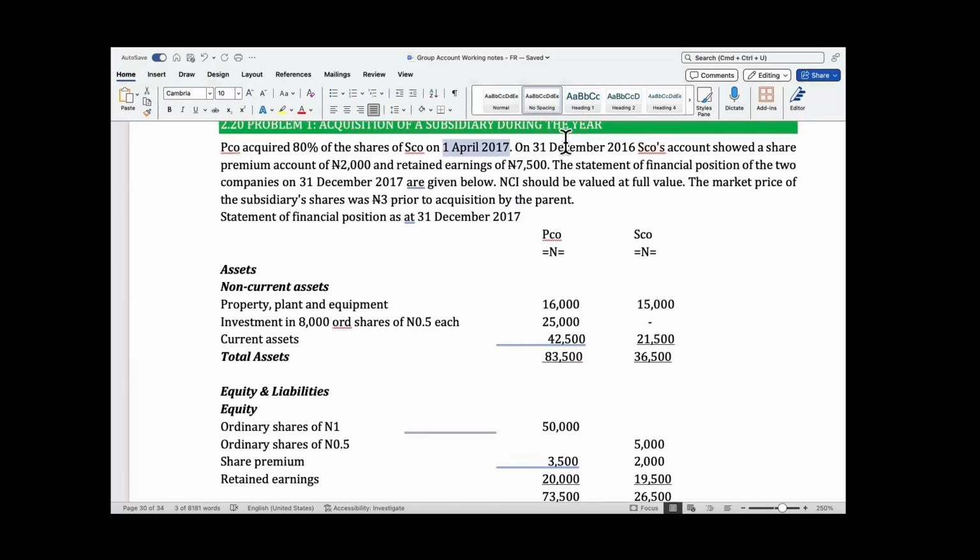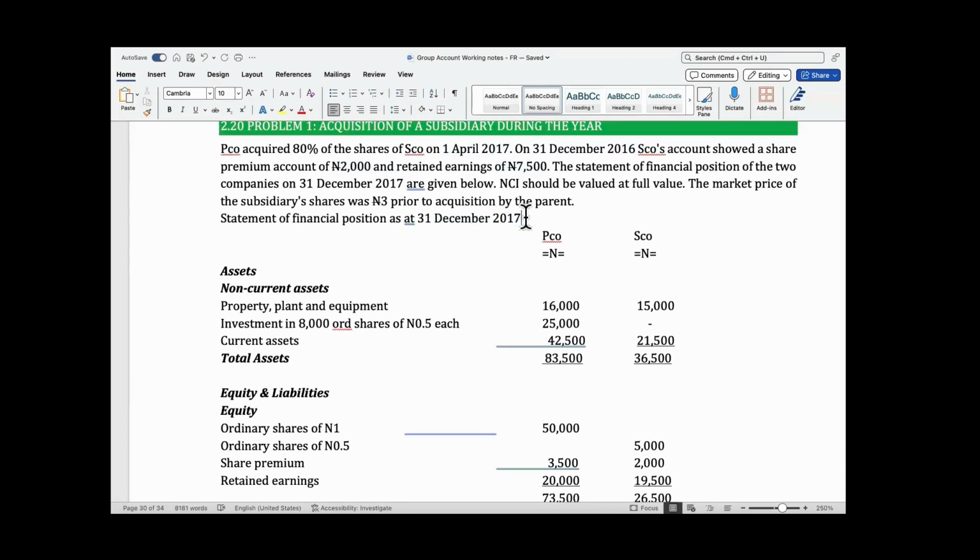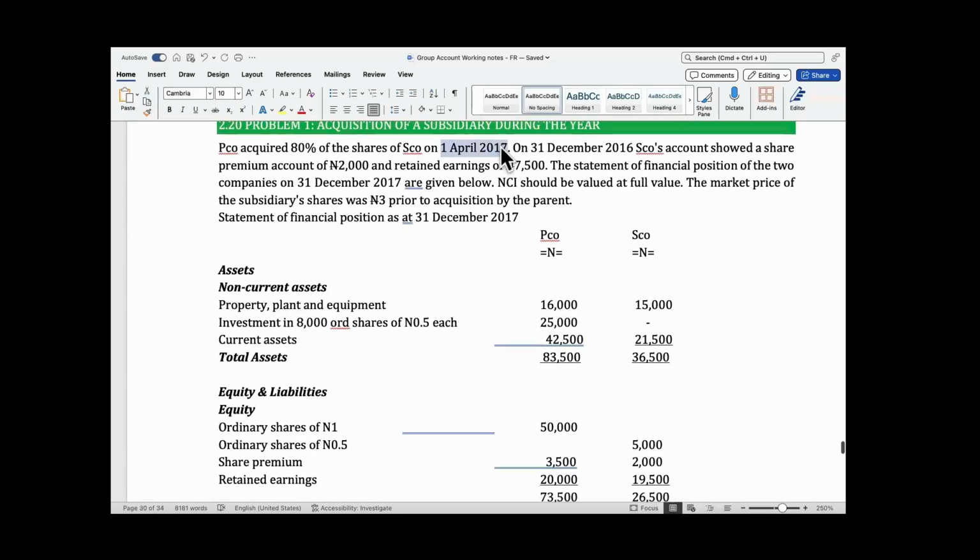Now they gave me the reserves as at December 2016, this and this, and I'm supposed to consolidate at the end. So what's happening here is that I actually acquired the subsidiary during the year.